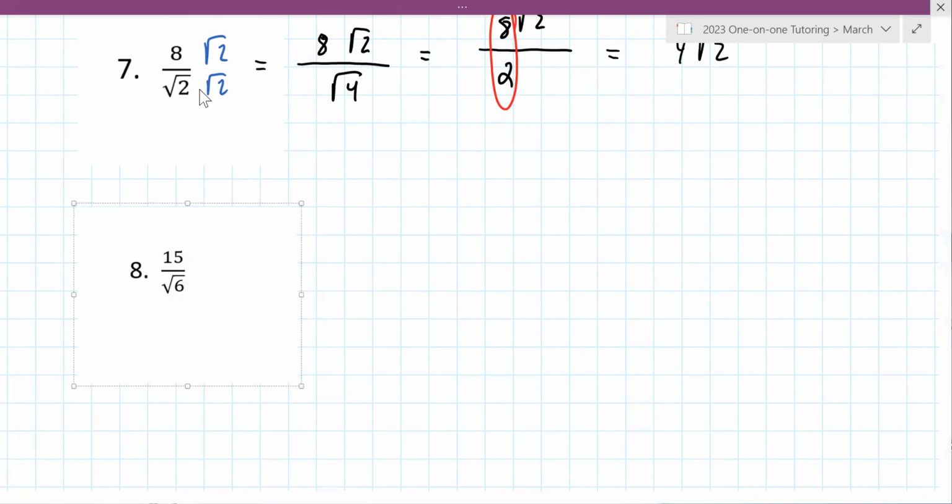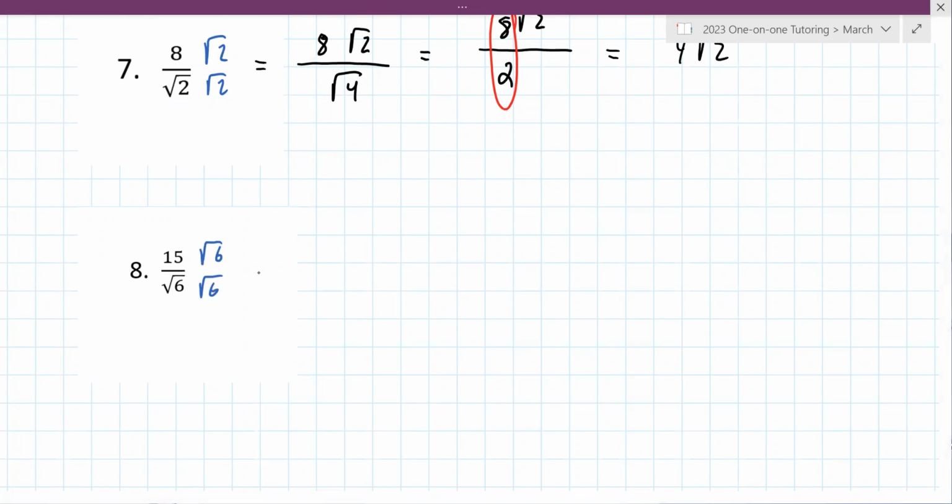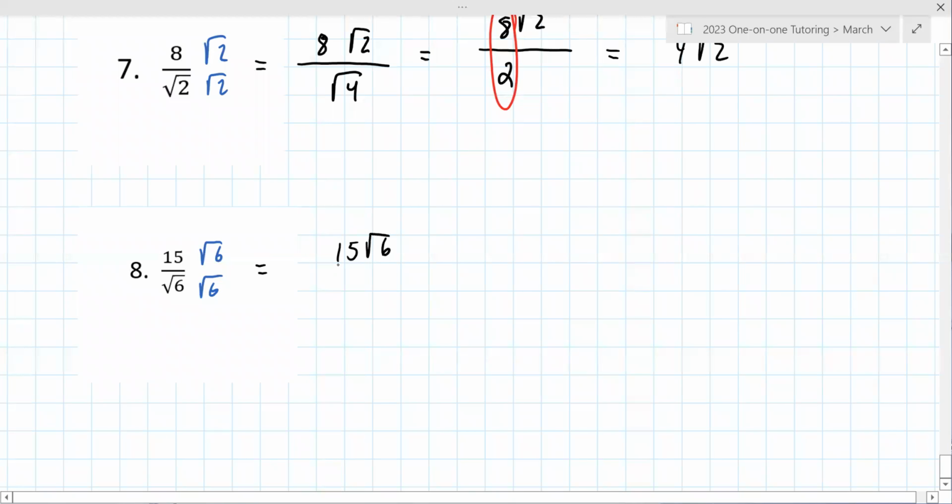All right. Same thing here. You multiply the top and the bottom by the square root of 6. So this becomes 15 square root of 6 over square root of 36. The square root of 36 is 6. That works out nicely. The top is still 15 square root of 6.